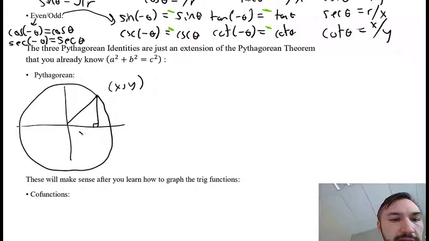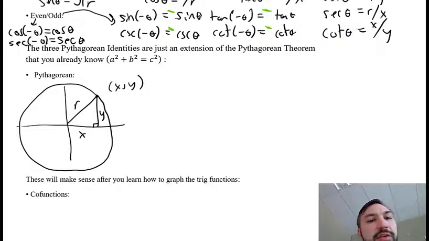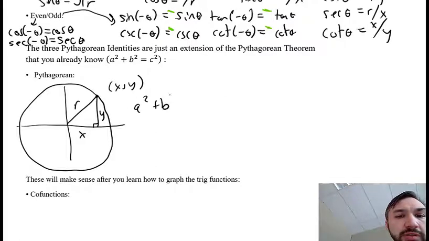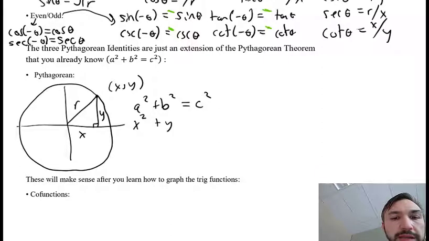Well, this length would be x, this length would be y, and this length would be r, just the radius of the circle. So I guess I could say, well, it's a right triangle, so let's do a squared plus b squared equals c squared. But my a could be x, my b is a leg, so it could be y, and my hypotenuse I'm calling r.